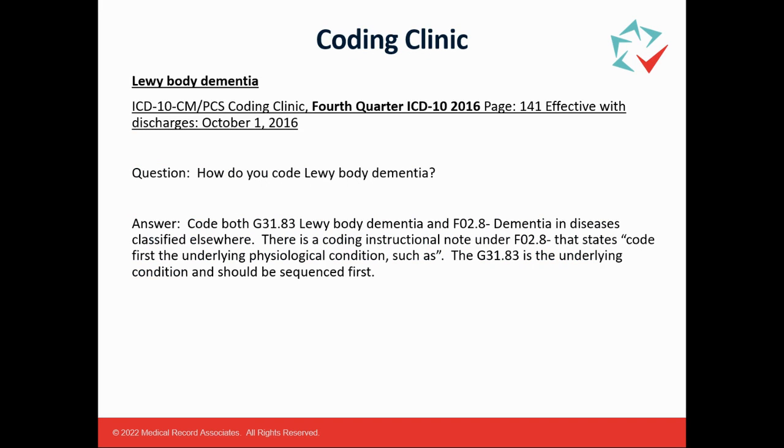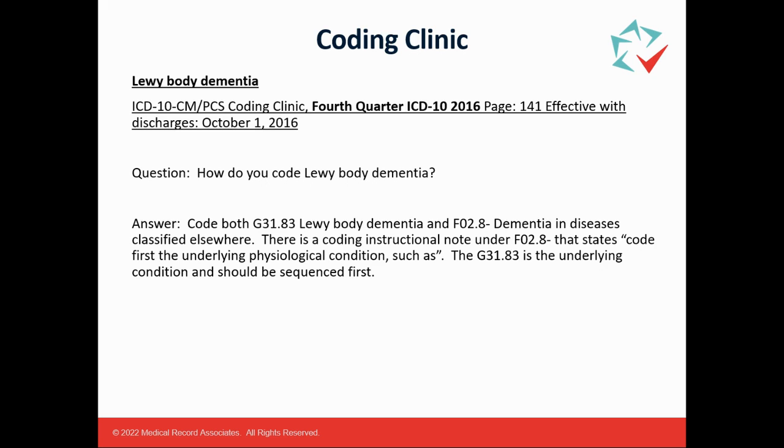Now we also have another coding clinic, fourth quarter 2016, page 141. How do you code Lewy body dementia? And the answer here is code both G31.83 Lewy body dementia and F02.80 or 1 dementia and diseases classified elsewhere.